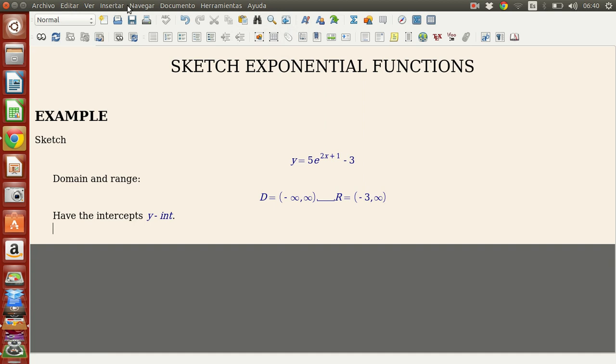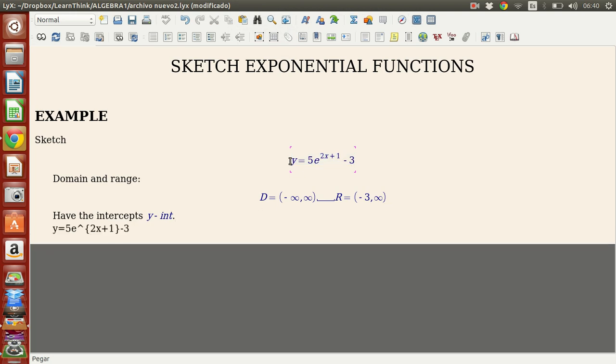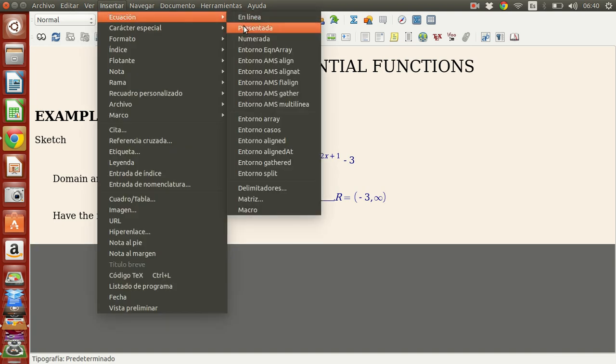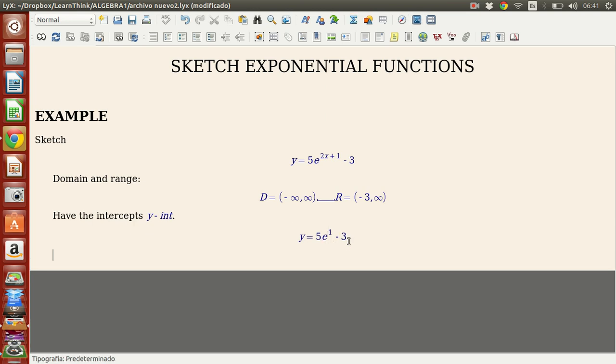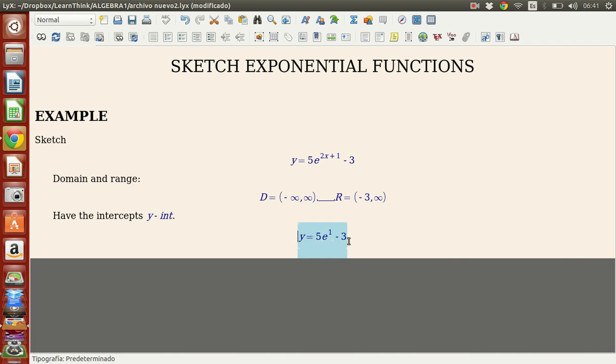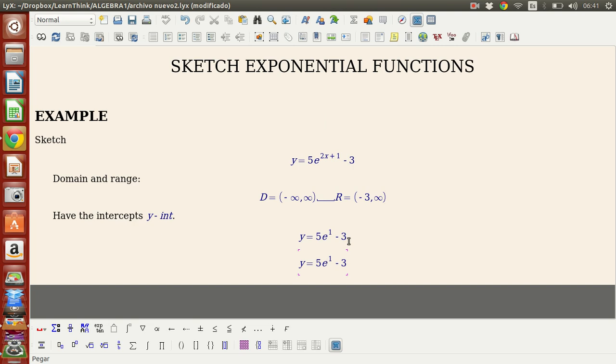Remember that the y-intercept is determined when x equals 0. So we're going to set x equal to 0. So we have 5e minus 3. Here you have to use your calculator to get the answer.